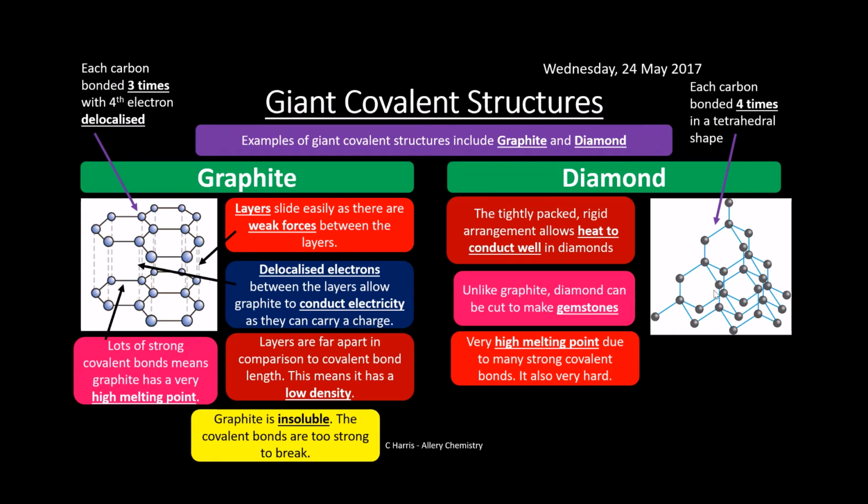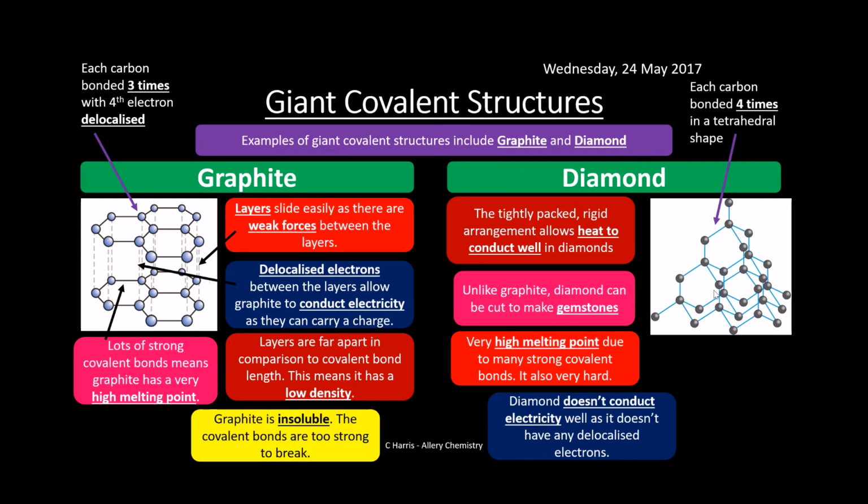Diamonds are also really hard. They're used on saw tips and drill bits for their durability. Diamond doesn't conduct electricity, because it doesn't have any delocalized electrons. And diamond's also insoluble. The covalent bonds are far too strong to break, just like with graphite.